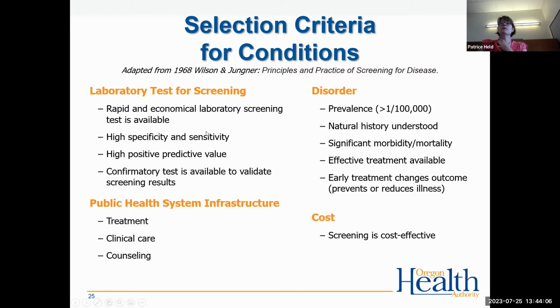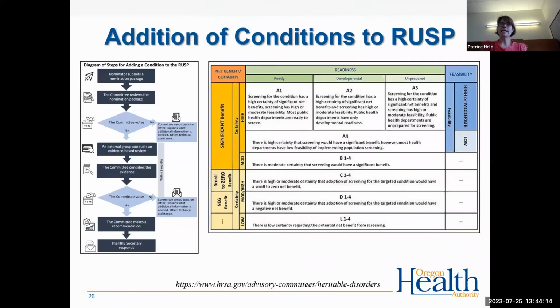So these were some of the founding principles for how we add conditions to the panel. And as I mentioned, the Recommended Uniform Screening Panel is an outgrowth of the Advisory Committee on Heritable Disorders in Newborns and Children. The Advisory Committee takes each condition through an evidence-based review, and then a voting process to recommend the condition to the panel.